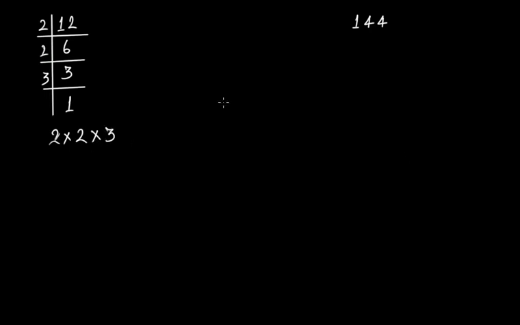Now tell me, without finding the prime factorization of 144, what should be here? The answer should be that we'll have twice the number of 2's that we have here. So we have 2 2's here. It means that we should have 4 2's in the case of 144, right? Since we have 1 3 here, we should have 2 3's in the case of 144.